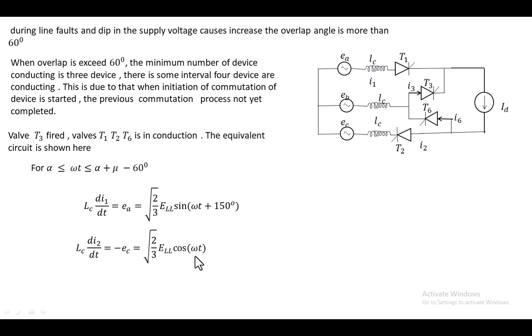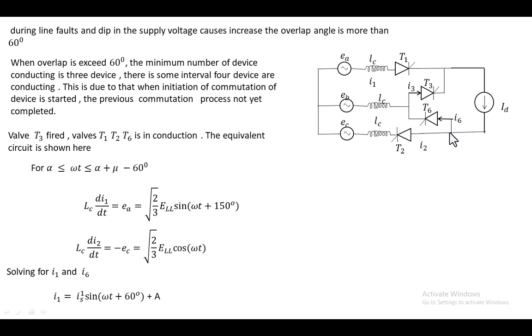Now we are going to find the expressions for I1 and I6. If we solve this equation, we get the expression for I1: I1 equals IS1 sin of omega t plus 60 plus A. I6 is nothing but the current passing through device 6.